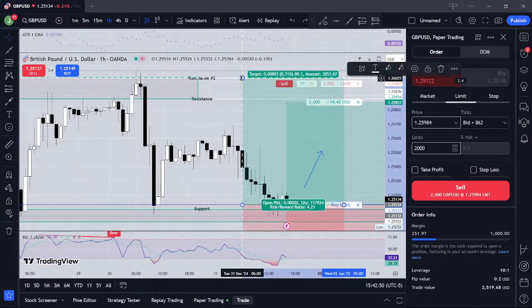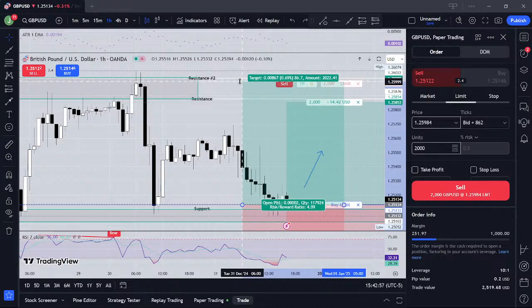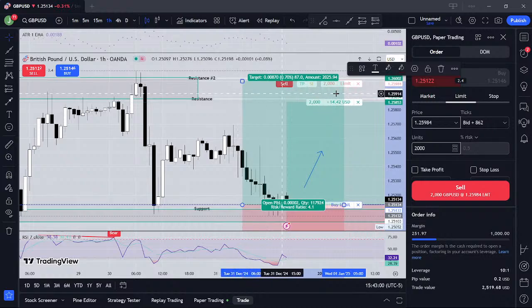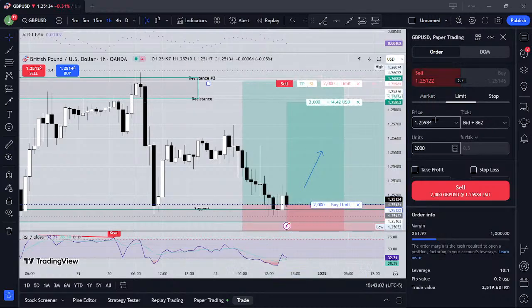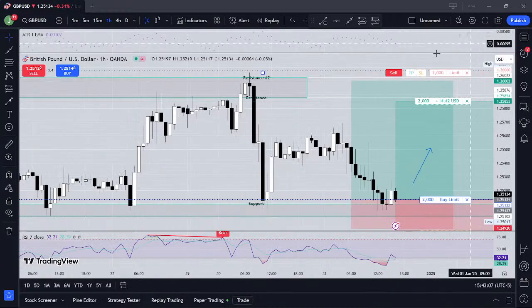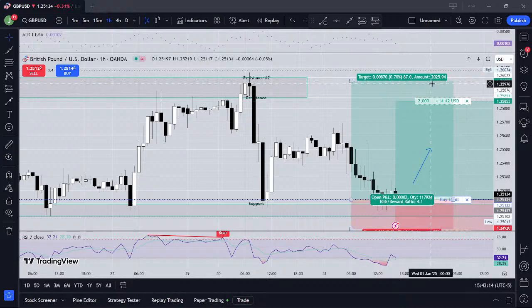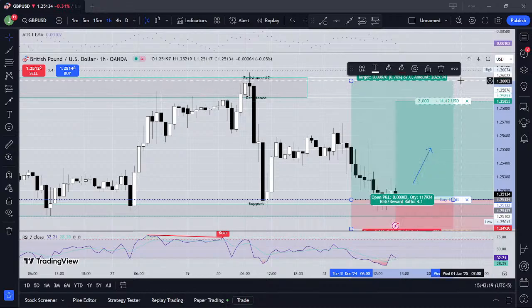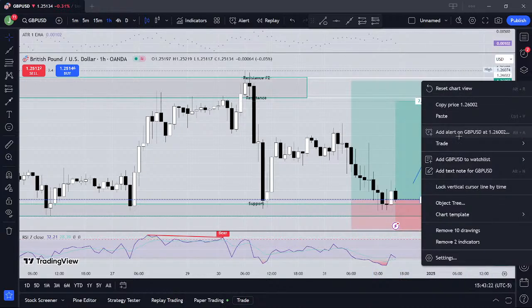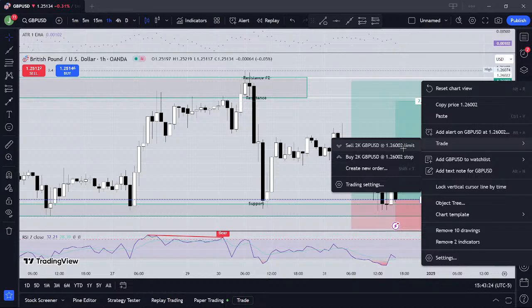So Brandon, that was a sell limit, not a sell stop. So I'm gonna go around here and place my trade. I'm gonna cancel this, scrap this out. So sell limit right here.